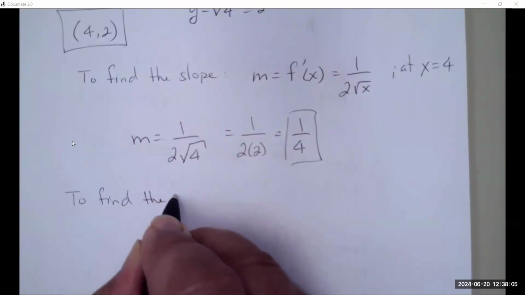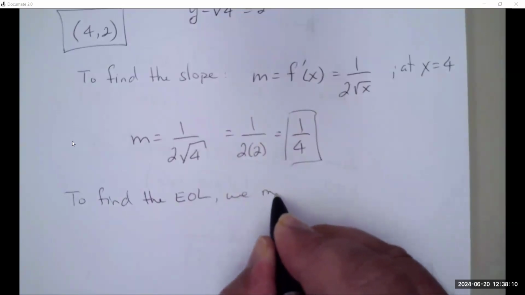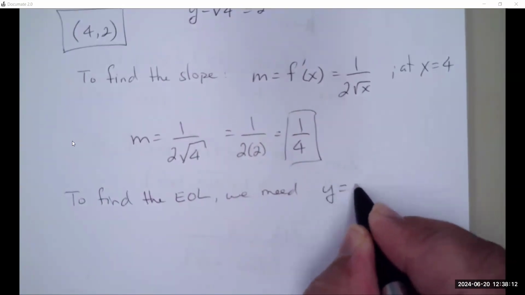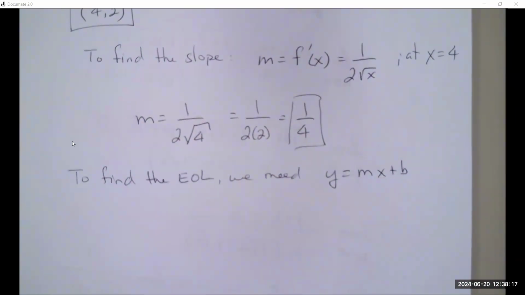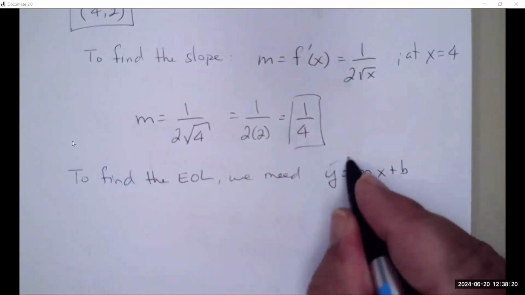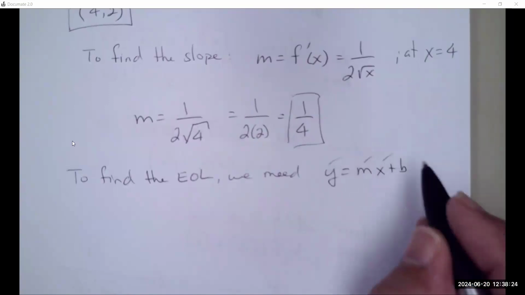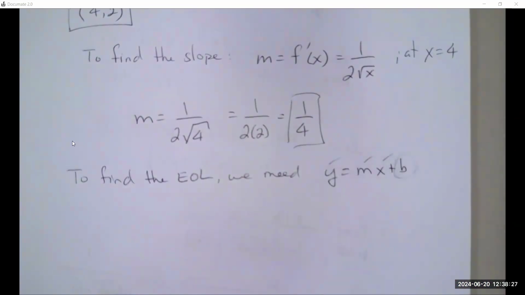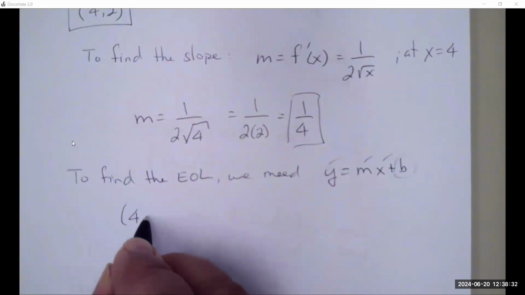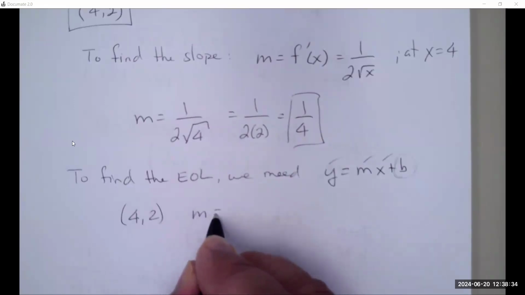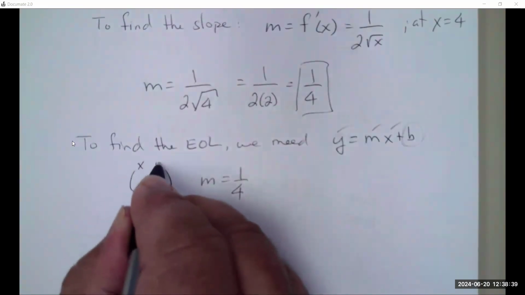To find the equation of a line, we need y equals mx plus b. We have m, we have y, we have x. The only thing we don't have is b. This is x, and that's y.